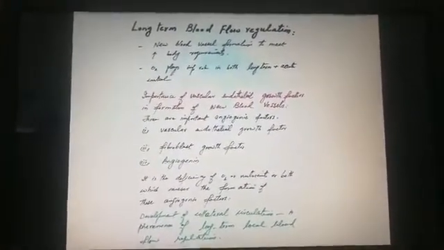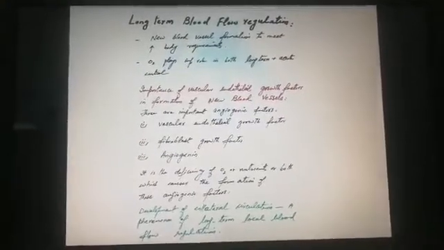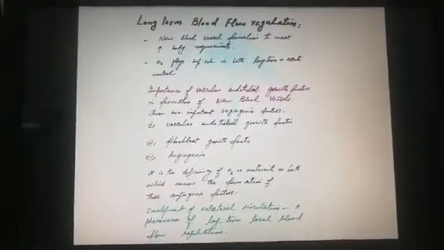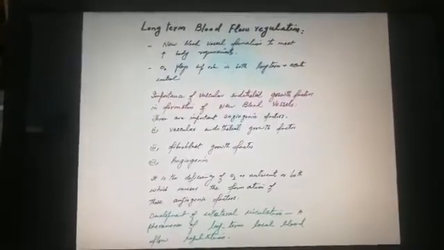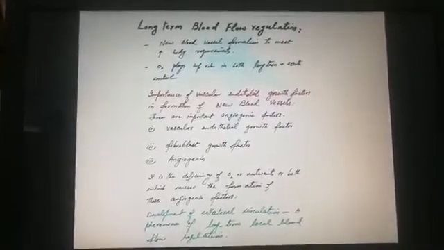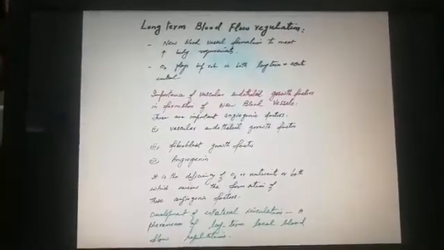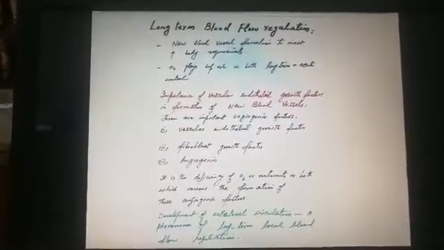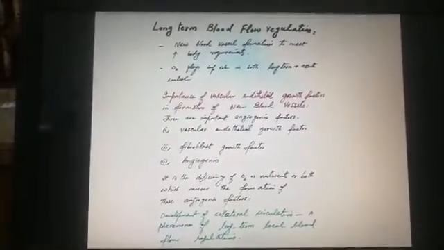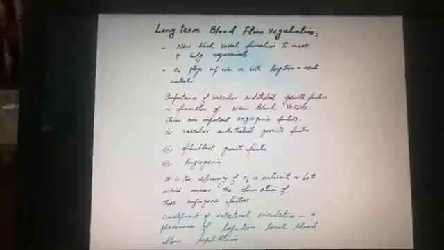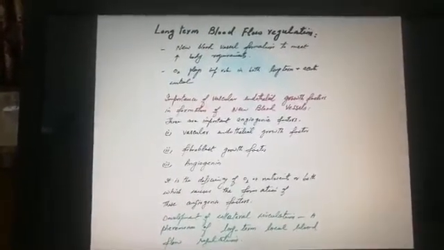Okay, so this is our topic of local control of blood flow to the tissues, which consists of two parts, acute and long-term control. In acute control, you have seen the concepts of vasodilator theory, oxygen lack theory, active hyperemia, reactive hyperemia, and then metabolic theory, myogenic theory.